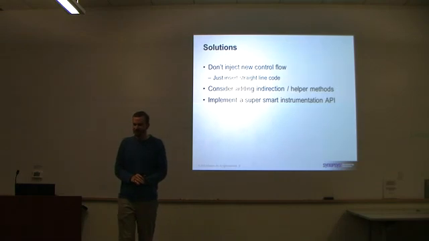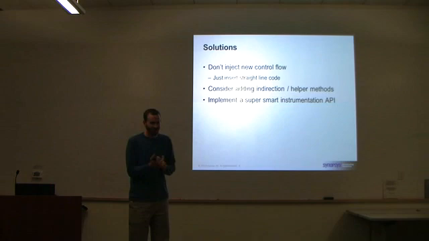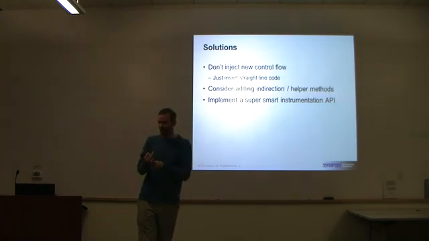There are a few solutions to this problem, the way I see it. One way you can deal with the problem, which is largely the approach that I took, is don't inject new control flow.